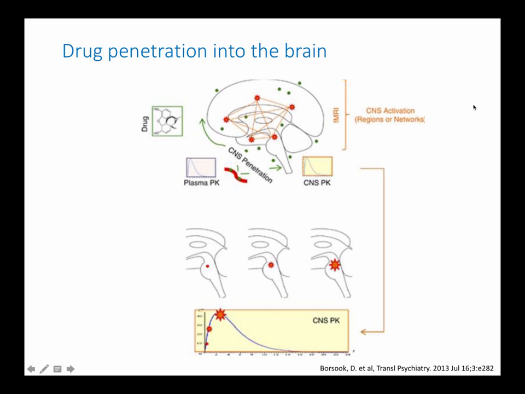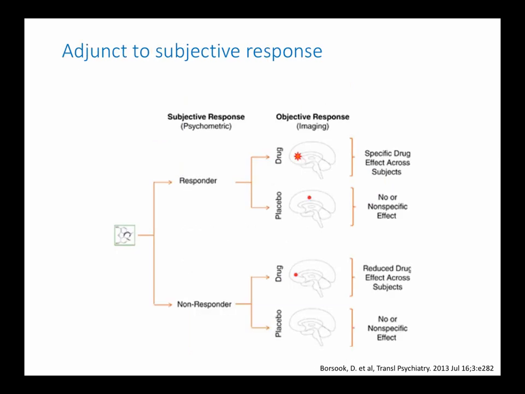But nevertheless, you can at least see whether or not there's a change in the patterns of activity while the drug is being given. And not only that, you can measure it at multiple different time points because it's non-invasive. And because it's non-invasive, you can do this in healthy controls as well, instead of only focusing on diseased populations. And then you can follow people for longer periods of time as well.